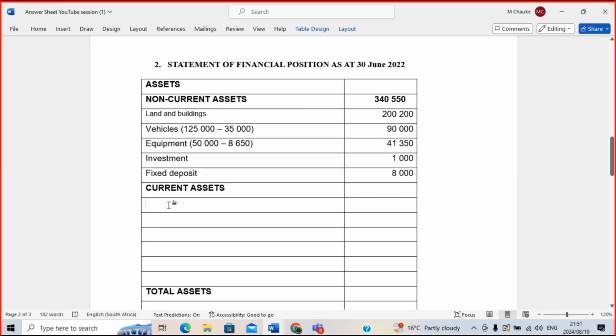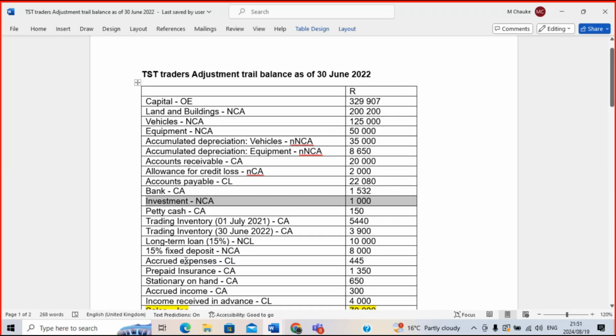Number one, we've got trading inventory. With trading inventory, we're going to take the one at the end, the one on the 31st of June, 2022.